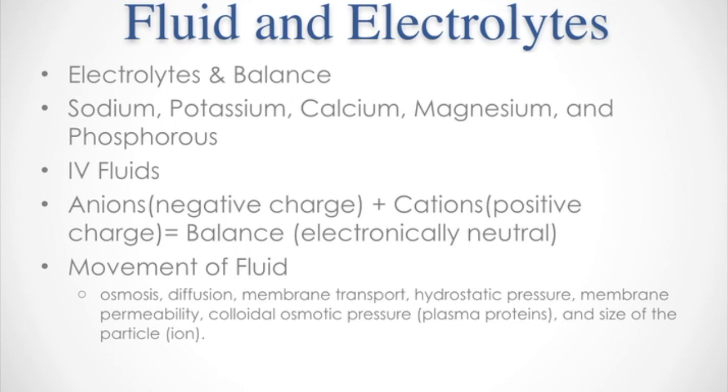Many illnesses and body system problems can cause electrolyte imbalances, which need to be corrected quickly before serious problems or even death can occur. The major electrolytes that we're going to focus in on in this PowerPoint are sodium, potassium, calcium, and there are others. There's magnesium, chloride, phosphorus, sulfate, hydrogen and bicarb, and proteins.